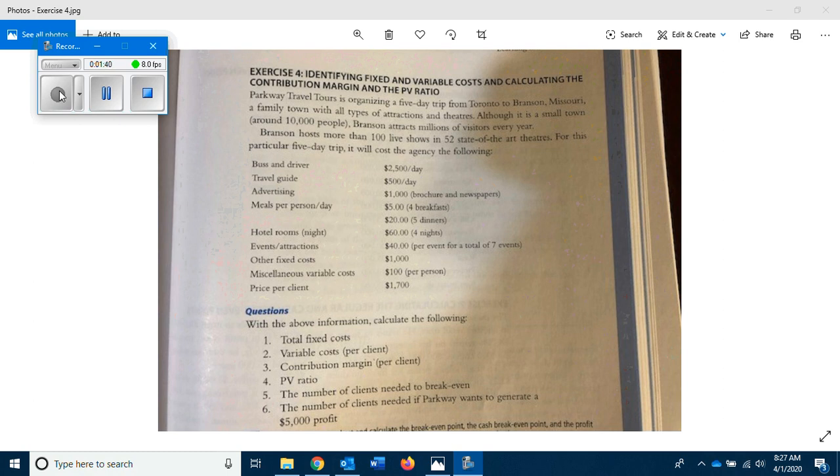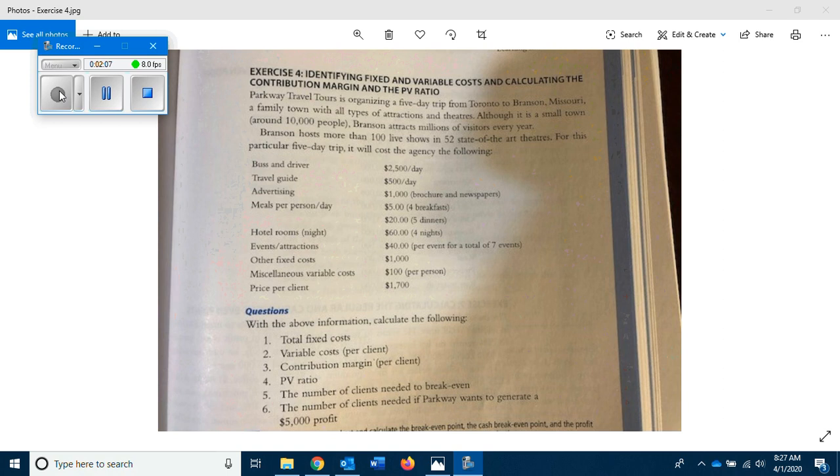Meals per person per day. So there's 4 breakfasts at $5 per breakfast. So therefore you can figure out how much it costs for the 4 breakfasts per person. So that one of course depends on the number of people that we have.